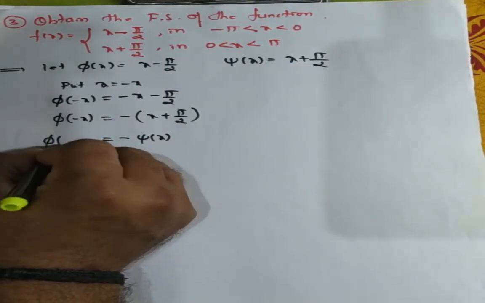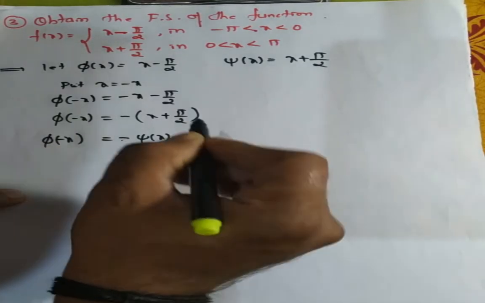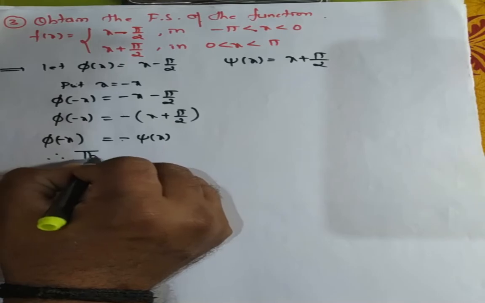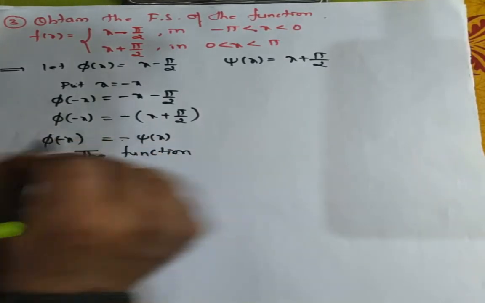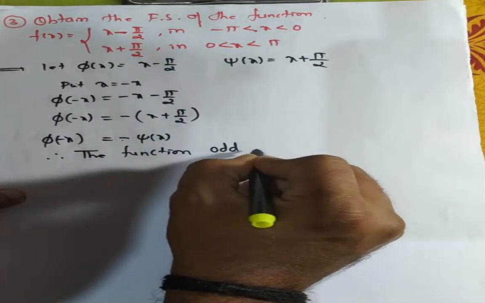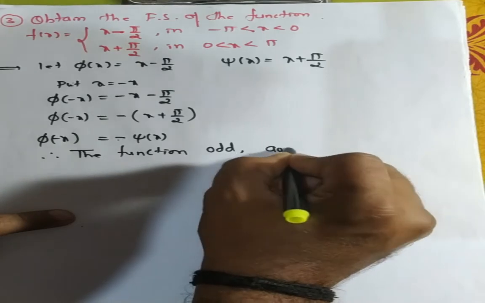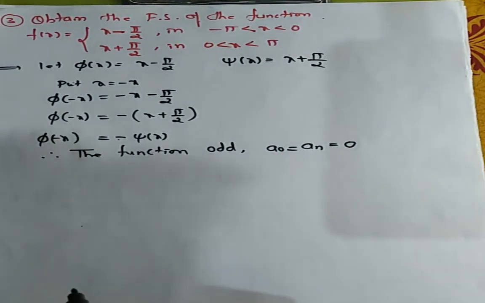So phi of minus x is minus psi of x. So therefore the function is odd, as in the note which I have given for this one. If the function is odd, a naught and an become 0. Only you need to find bn.